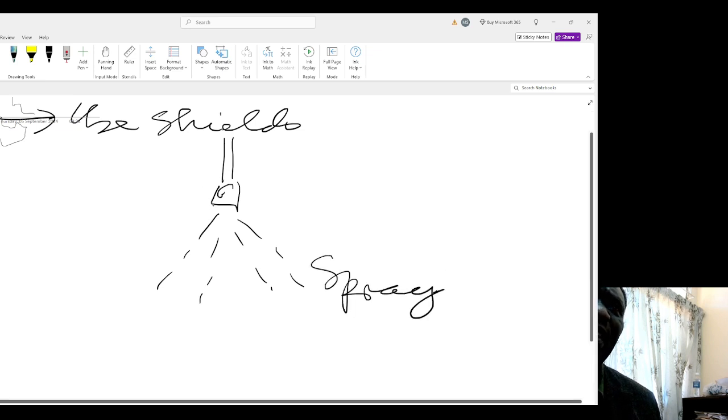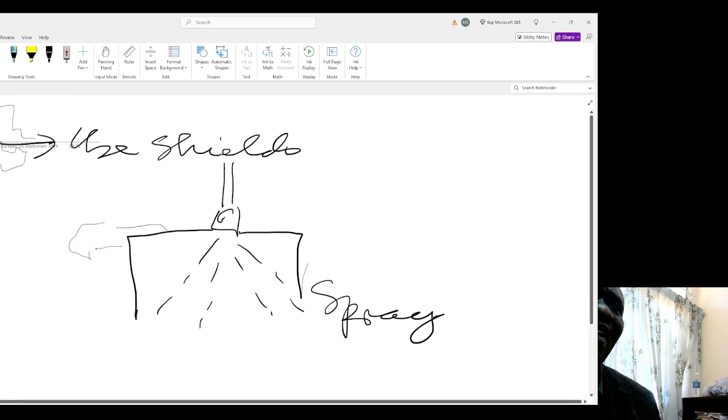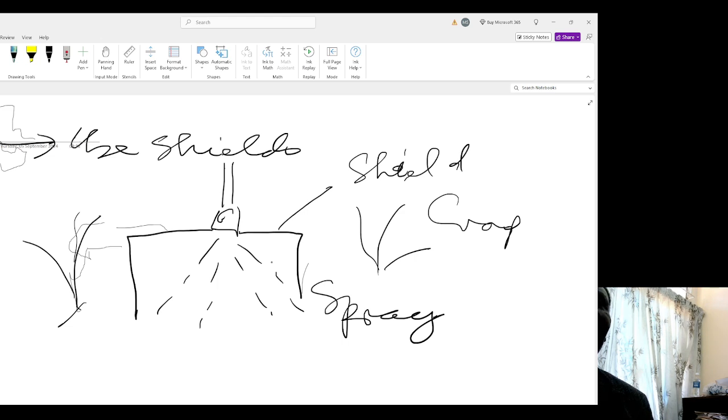So we may have a shield, this could be the crop. So the shield will protect the crops. The herbicide from the nozzle will not reach the crops.